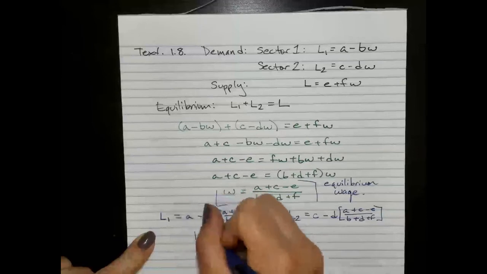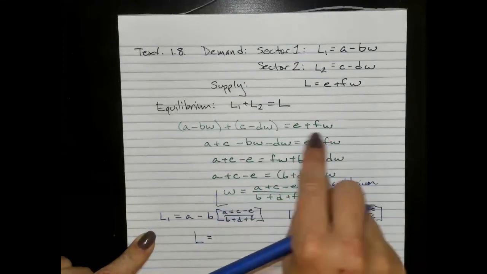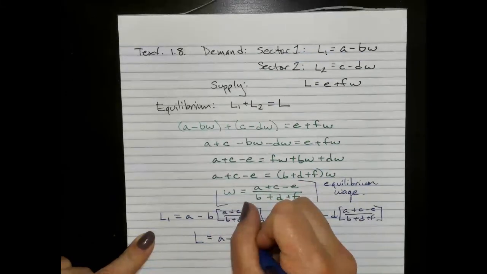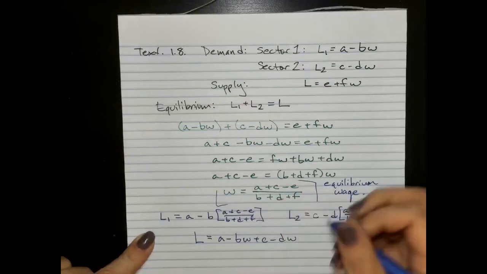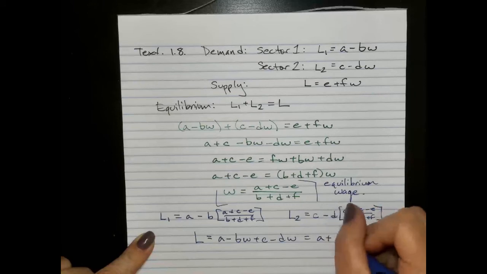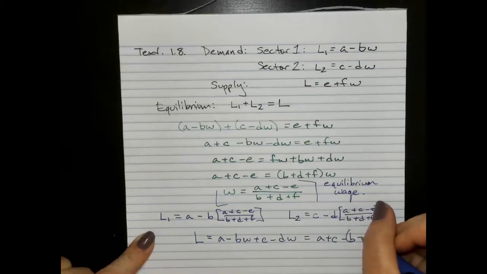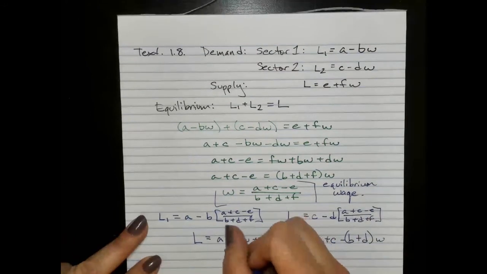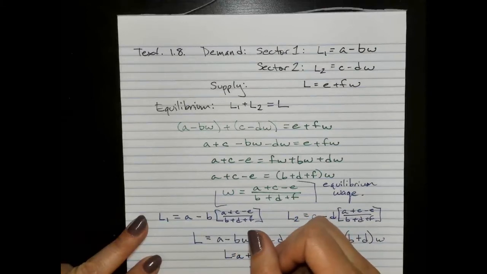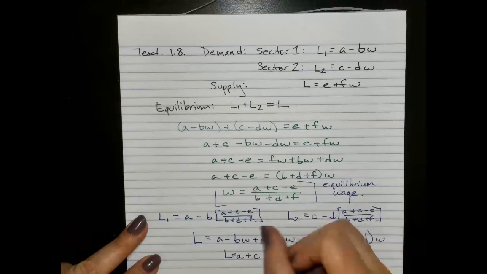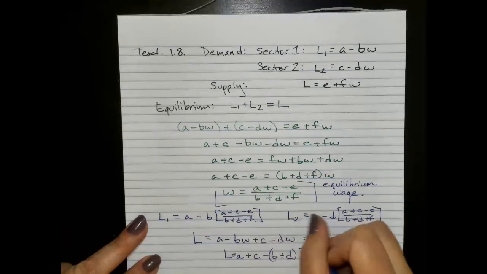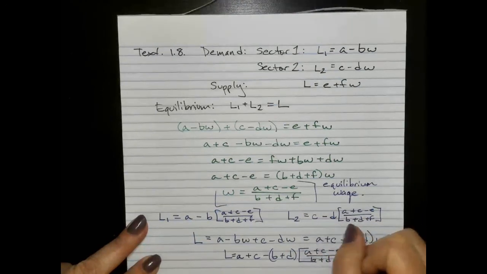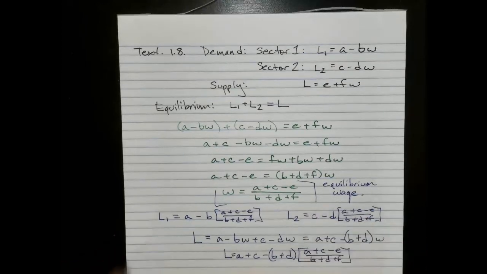We can say that the labor supply is equal to L1 plus L2, which is A minus BW plus C minus DW, or A plus C minus B plus D times wage, which is L equal to A plus C minus B plus D times A plus C minus E over B plus D plus F. So far, so good.